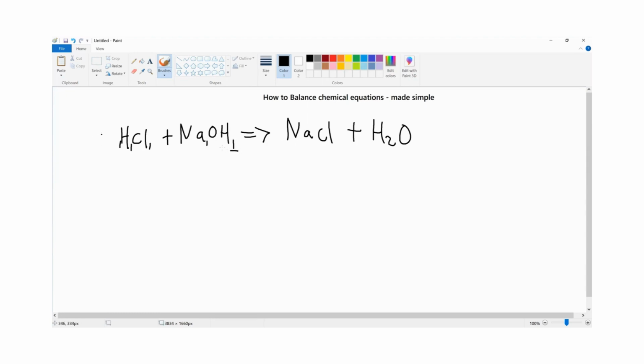The subscript of the base goes to the coefficient of the acid, and the subscript of the acid goes to the coefficient of the base. That's 1, 1. And these two multiplied go to the coefficient of the water, 1. And you just switch the terms for this one and for this one. You get NaCl.